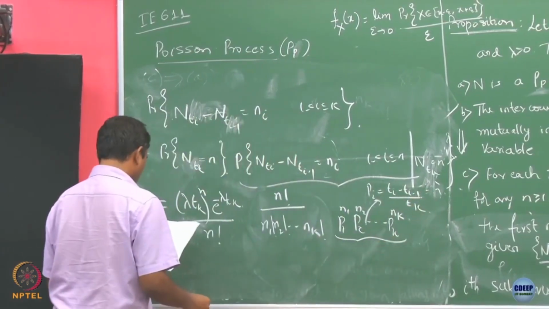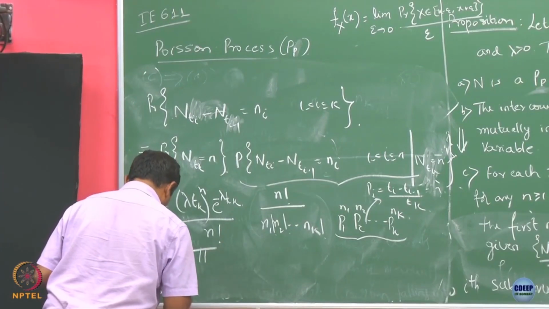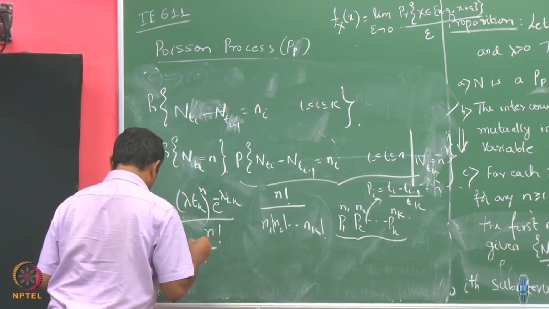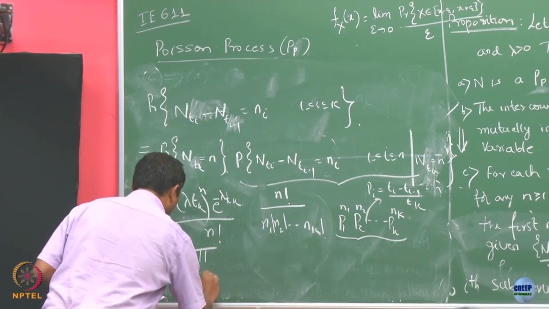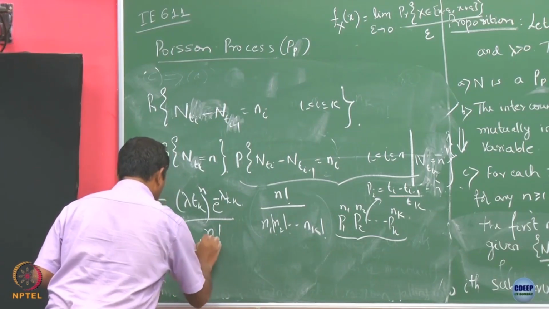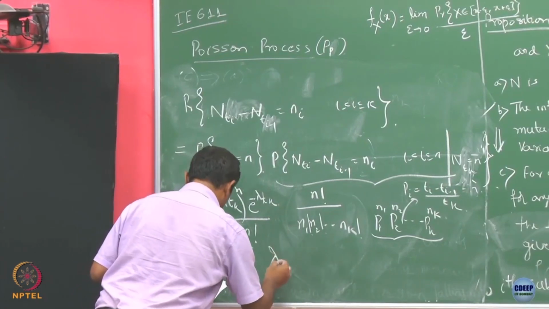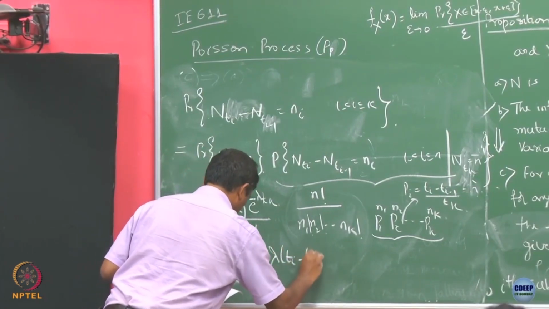If you just replace, we are going to get the product over i equals 1 to k. So you just verify that. I am just directly writing this.